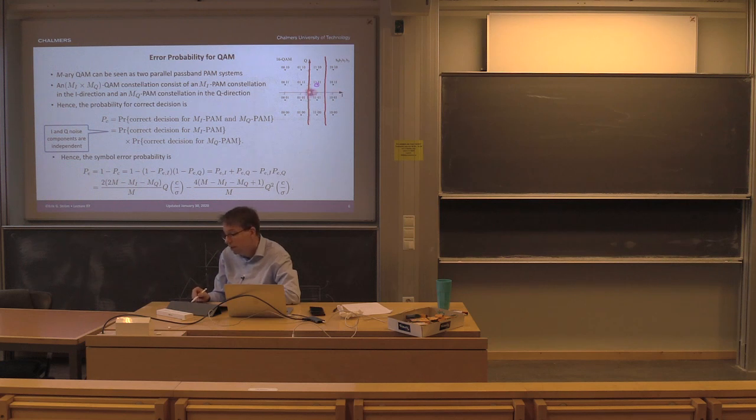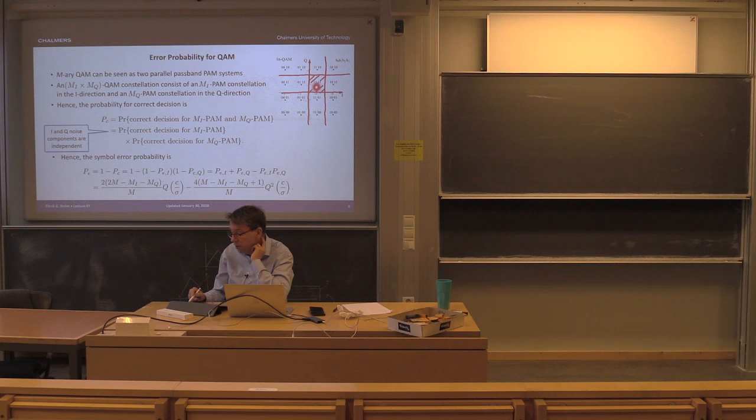Then we are right in that dimension. And then it needs to be above this line and below this line in the other direction. So the decision region for this signaling point is here. So when do we make a right decision?